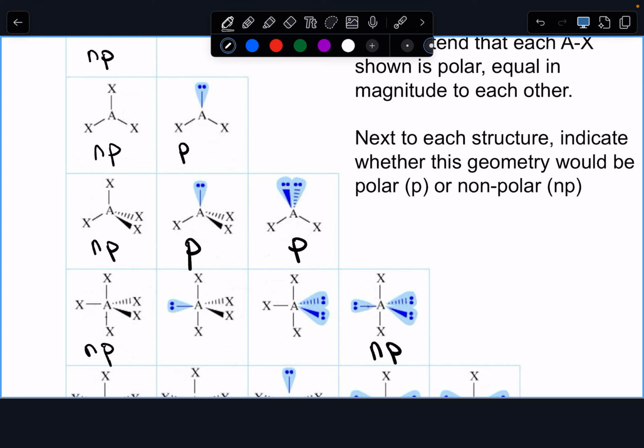So you really have to be able to look at this table and visualize what they actually look like. So these dashed lines are meant to be going into the paper, and the solid ones are meant to be coming out of the paper. It's a very common organic chemistry thing.